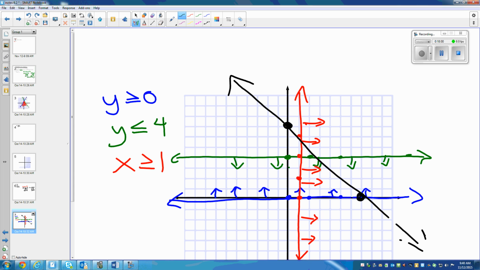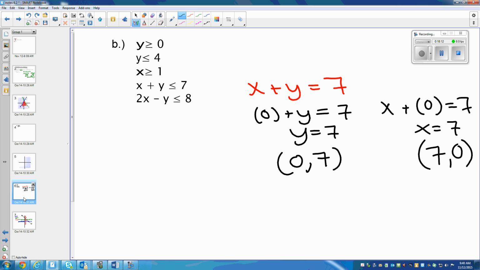So I've got this thing. Do we know which way the arrows go? Towards 0. How do you know? If 0 is less than or equal to 7. So we take a point of 0, 0, and we go back to the original question. We put 0 in for x, 0 in for y. Is 0 less than or equal to 7?